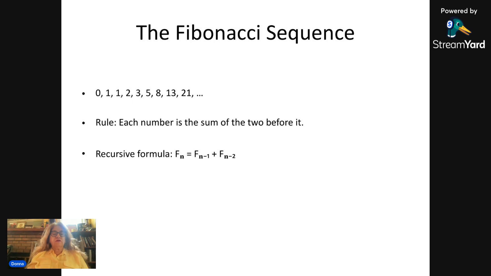F of n equals f sub n minus 1 plus f sub n minus 2. And what that means, because algebra is all about going from words and numbers to an algebraic representation of a sequence or formula.